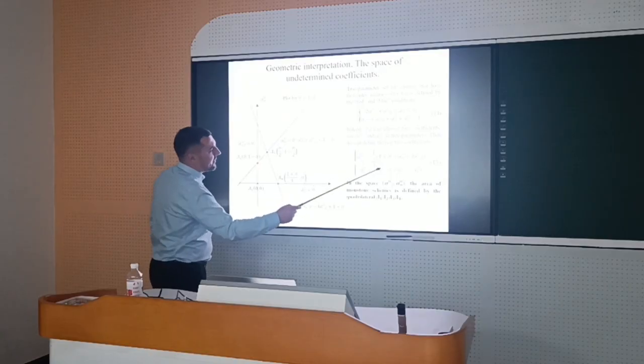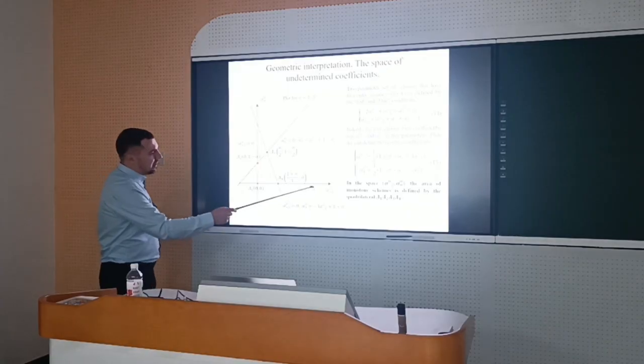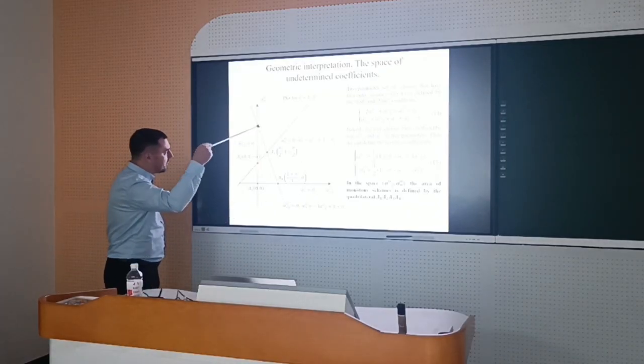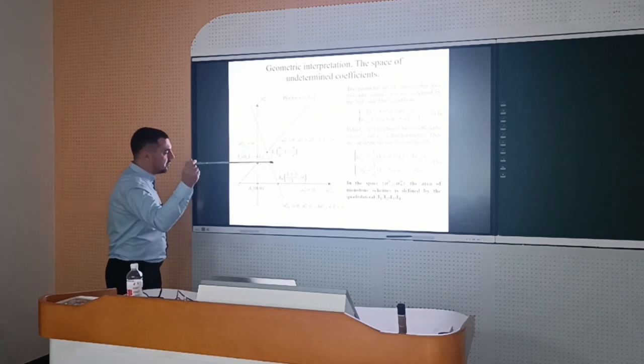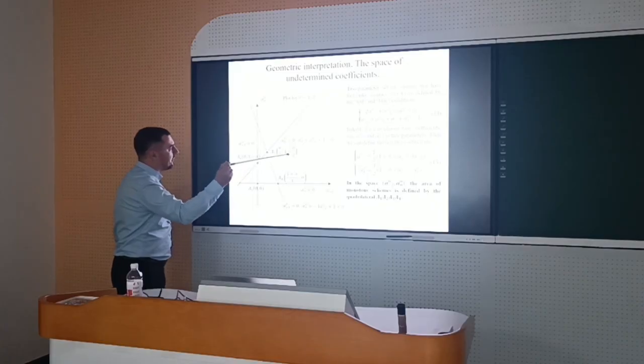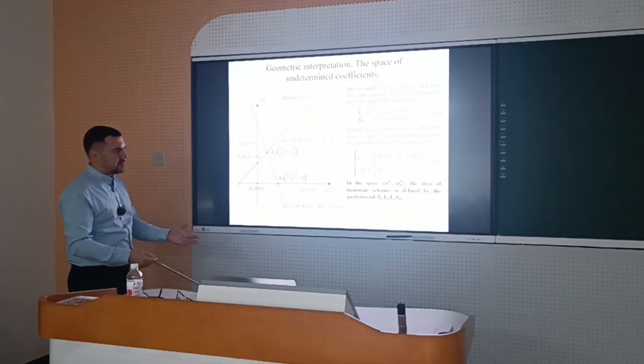Then we can define the remaining 2 coefficients from these 2 equations. It means that in the space alpha minus 2, alpha 0, each point corresponds to some numerical scheme. We just take a point with 2 values, alpha minus 2 and alpha 0, we can express the remaining 2, and we obtain some first order numerical scheme, right?